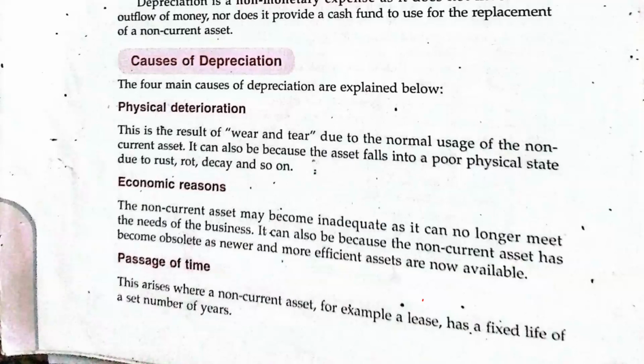This is actually as a result of the wear and tear due to the normal usage of the non-current asset. It can also be because the asset has fallen into some poor physical state due to rust, rot, decay, among others. So that can cause depreciation, the loss in value of the non-current asset.